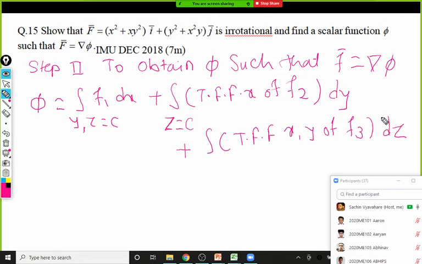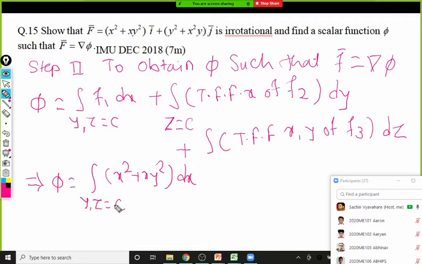Okay, so if you have to do it by this shortcut method, the important thing is you have to remember this formula. The formula you have to learn by heart, and this gives us a function phi. So phi equal to integration of f1. I'll write f1 as it is, x square plus xy square dx, and we are going to treat y and z as a constant if they appear in the bracket, plus integration of those terms of f2 which are free from x.